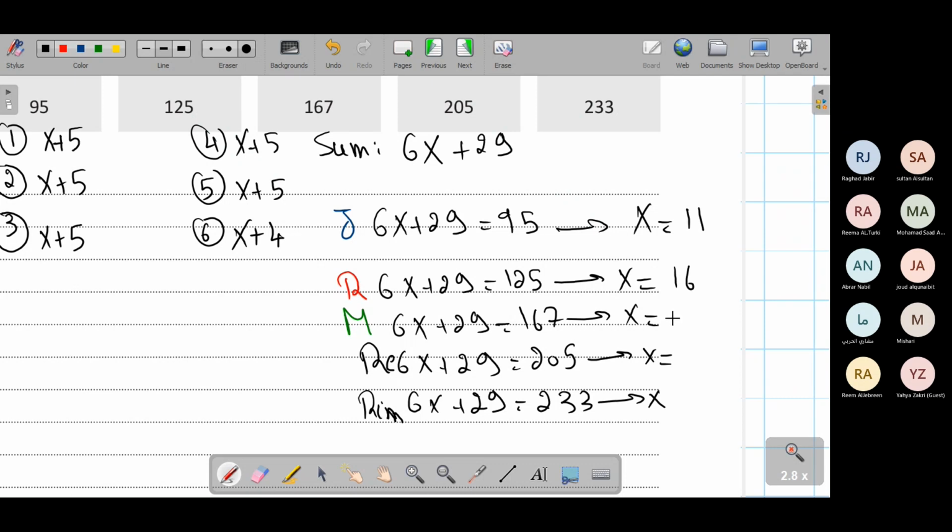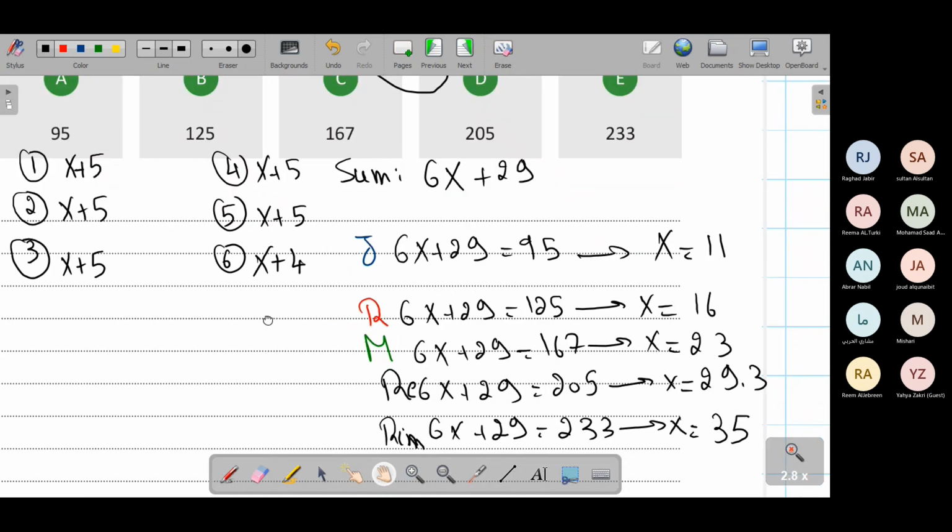Mishari? 23. Rima? 29.3. Reem? 34. So, who has the right answer?